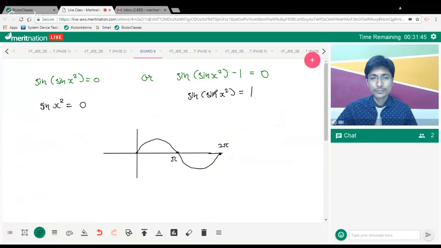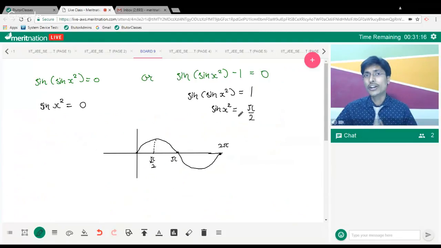Now, just think this particular thing. Sine of x square is equals to like pi by 2, because I get the value of 1 at pi by 2.